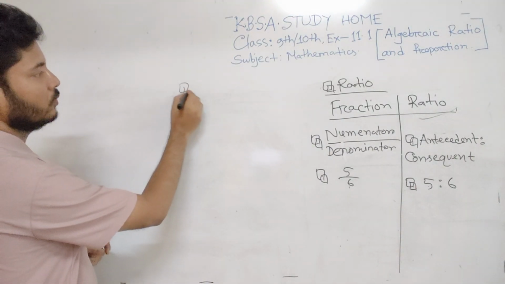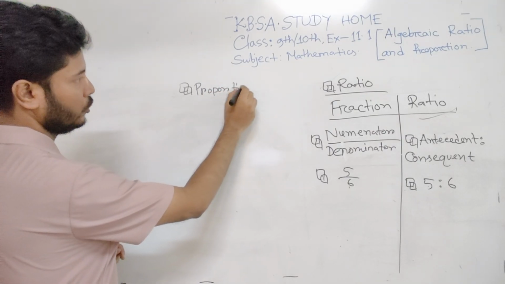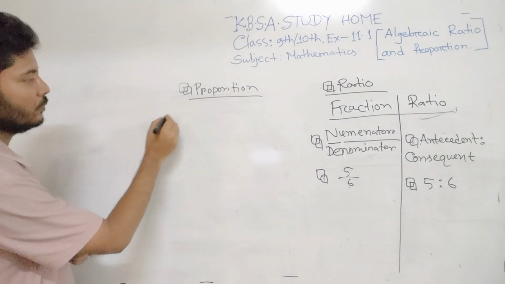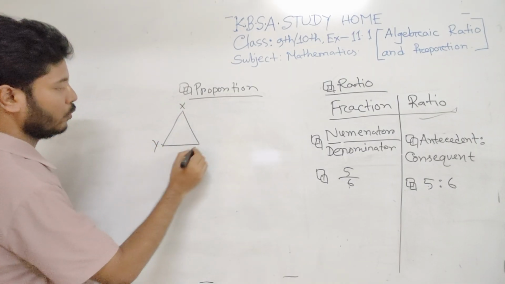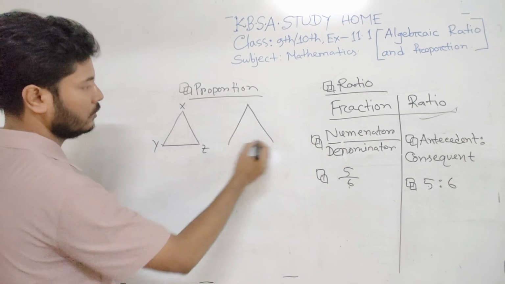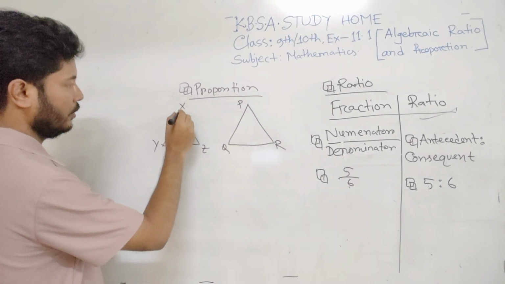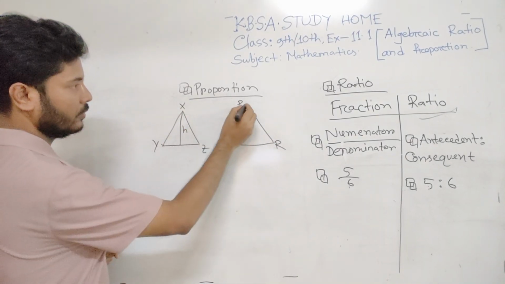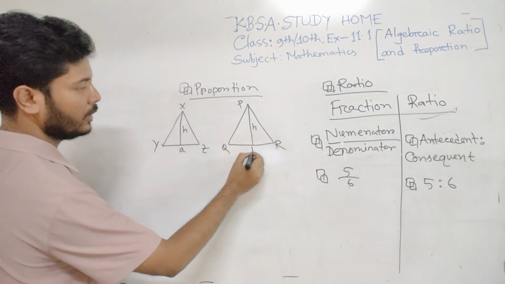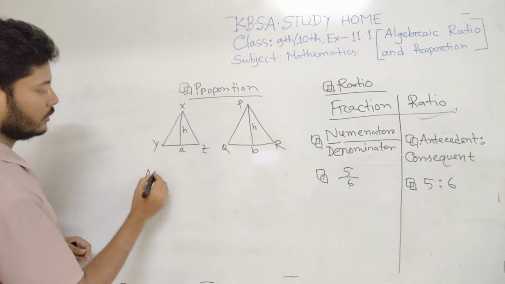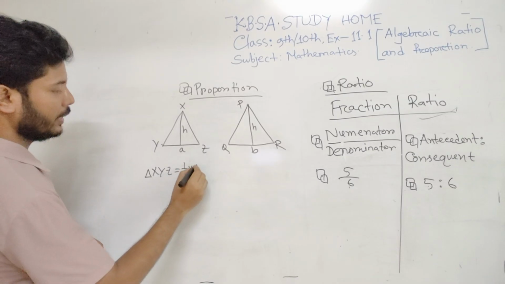Now we will learn proportion. Let's take two triangles, XYZ and another one PQR. The height is H, similar height, both H. Base A, base B. Triangle XYZ, area we know is base into height.